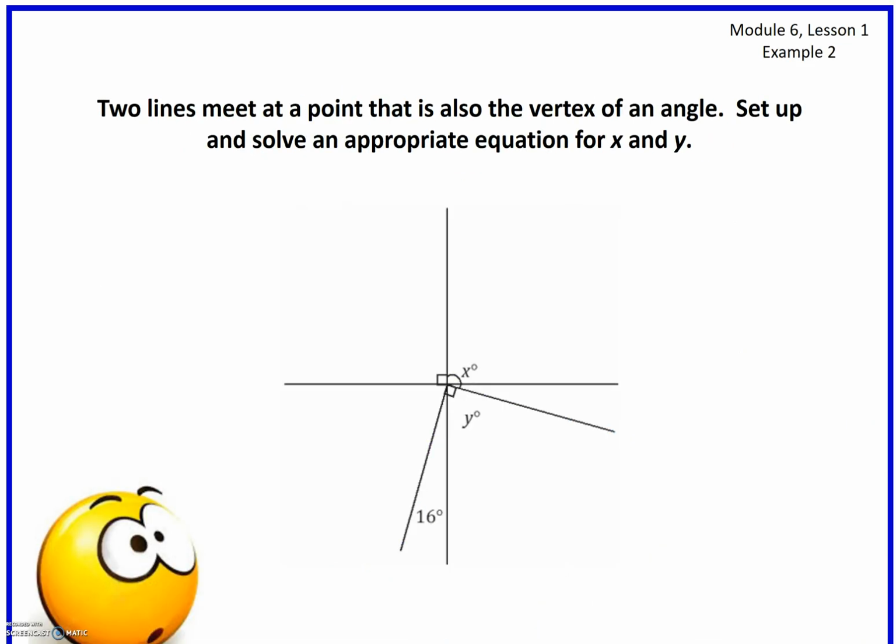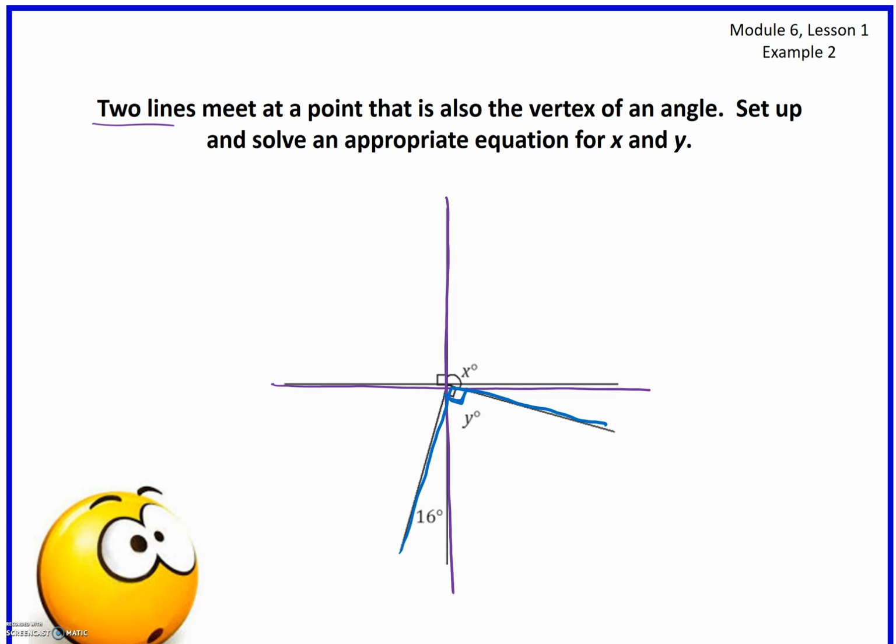All right, example 2. Two lines. The two lines that they are defining are these lines in purple. Two lines meet at a point that is also the vertex of an angle. So the angle, I will outline in blue. And the information about that angle is we do know that it's a 90-degree angle.